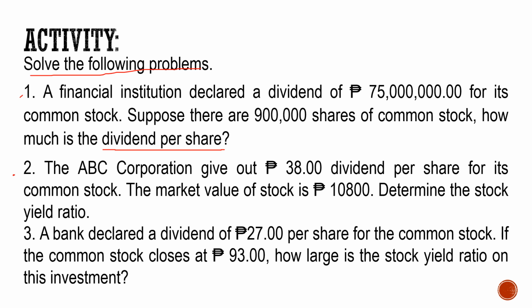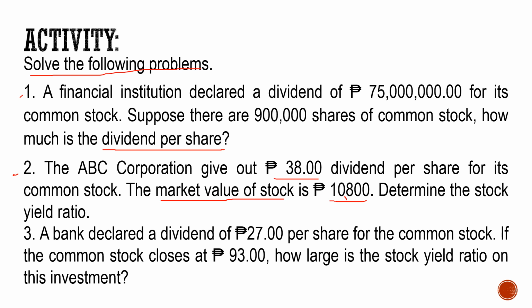For problem number 2, the ABC Corporation gives out a 38 pesos dividend per share for its common stock. The market value of the stock is 10,800 pesos. Determine the stock yield ratio.